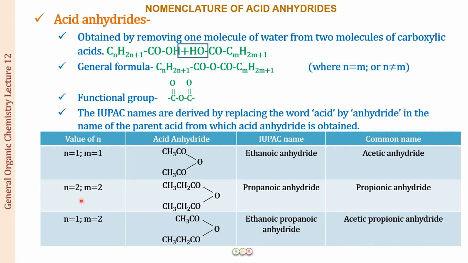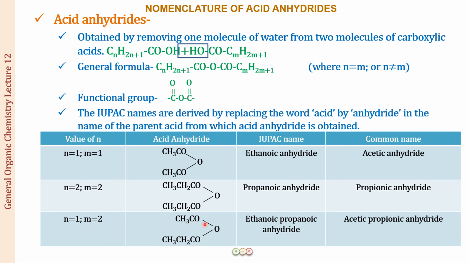And when n is equal to 2 and m is equal to 2, the acid was propanoic acid. So the compound will be called propanoic anhydride or propionic anhydride. Now n and m can be different as well, and when they are different, you will have to name them from both acids that you have derived the anhydride from.